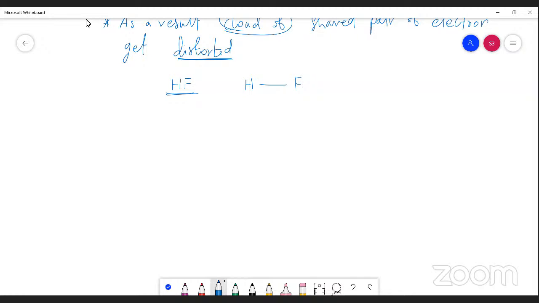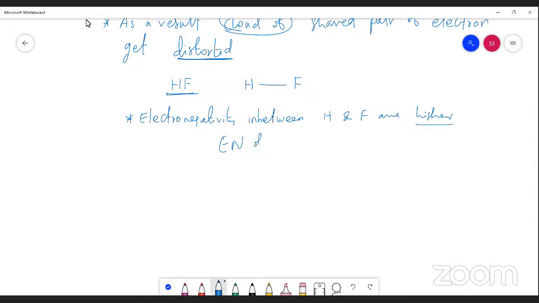Here, the electronegativity difference between fluorine and hydrogen is higher.